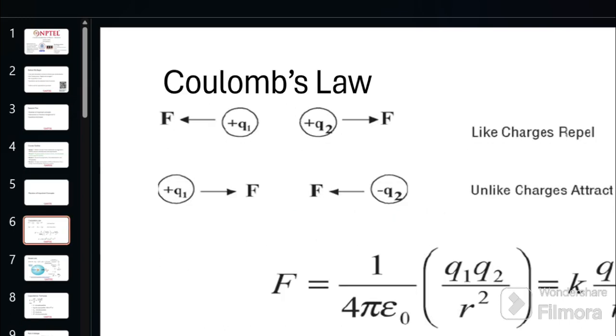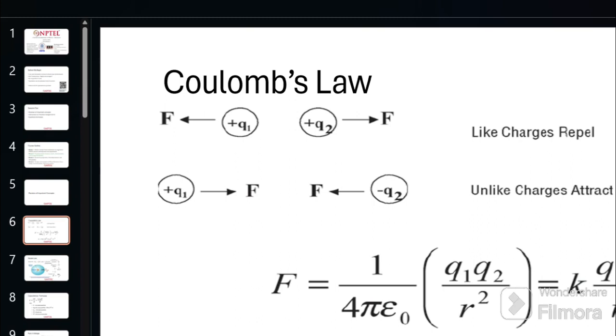The first thing we learned this week was Coulomb's law. When there are 2 charges in space, if they are like charges, Q1 and Q2, they will repel each other. If they are unlike charges, a negative charge and a positive charge, they will attract each other.